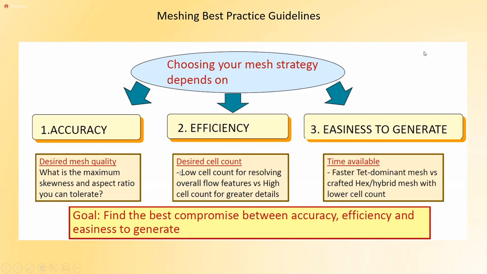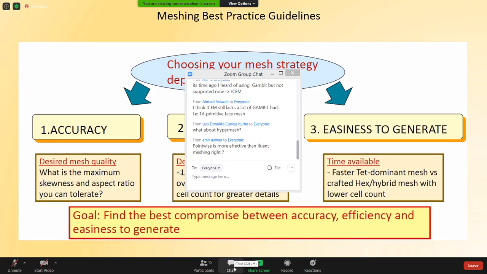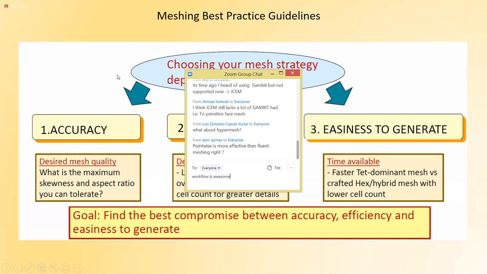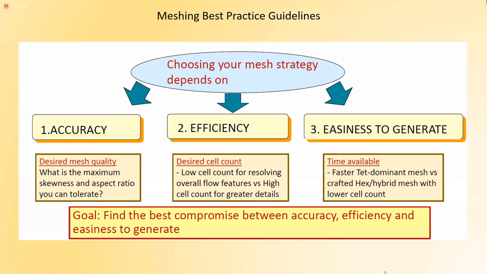But there is a lot of stuff you can do without the workflow, like having different kinds of inflations and boundary layer types, and it's not there. ANSYS decided for some odd reason to make the workflow. It's awesome, yes, but it's very limited.